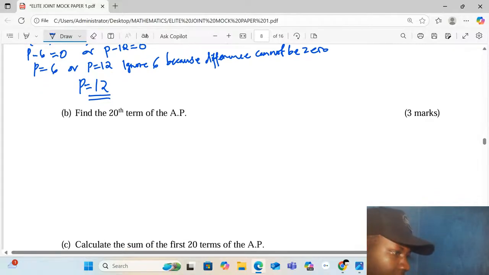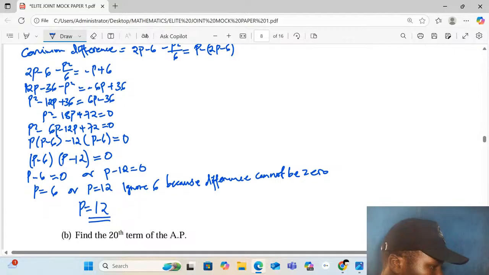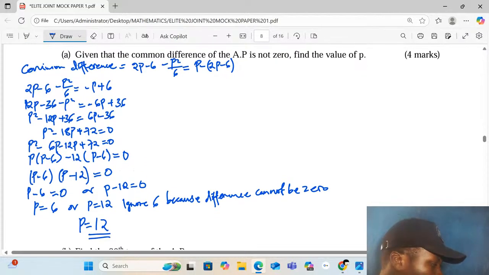Now the second one, find the 20th term of the AP. So having that, we have up here our p squared over 6.